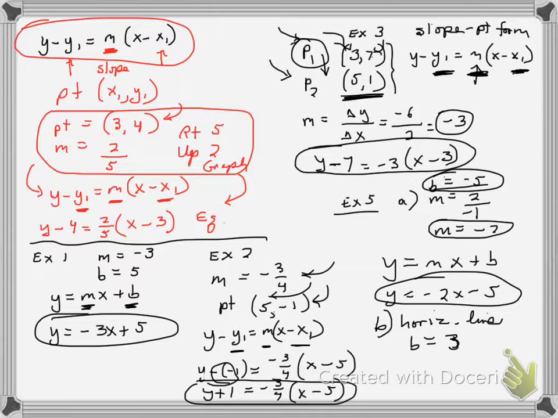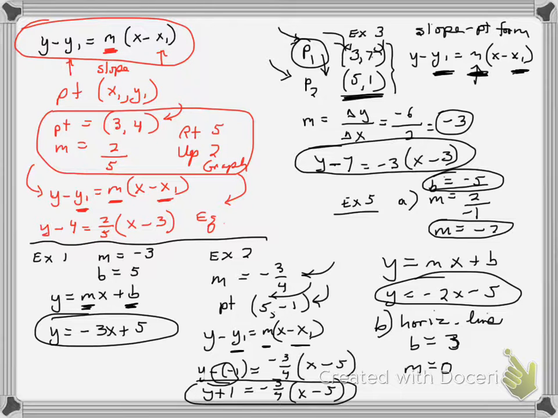B is a horizontal line and it crosses the y-axis at 3. Now think about slope. What is the slope? Well, the y value is always 3, so the slope never changes. If the y value is always the same, the vertical change is 0.